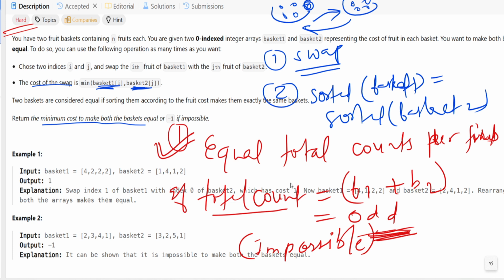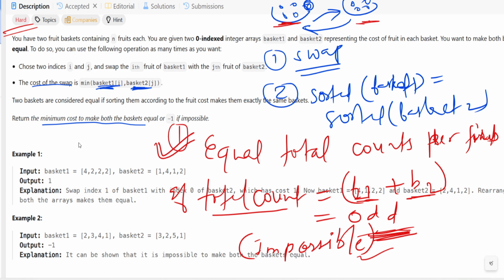It is impossible when the total count of any fruit in b1 plus b2 is odd. We cannot distribute evenly; somewhere we will be left with some count.